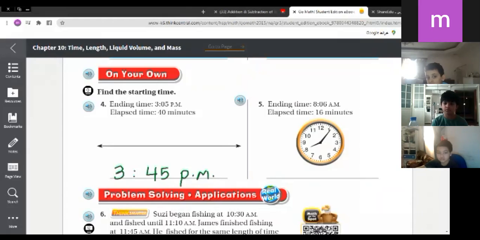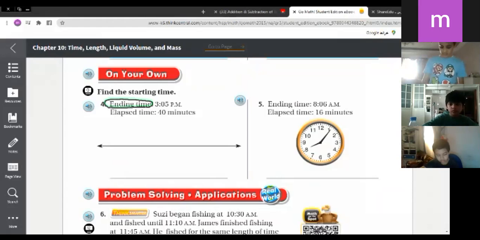The question here is different. Find the starting time. The starting time, it's not the ending time. Look, ending time here is 3:05. The ending time is 3:05, and elapsed time is 40 minutes. So we have to count back.